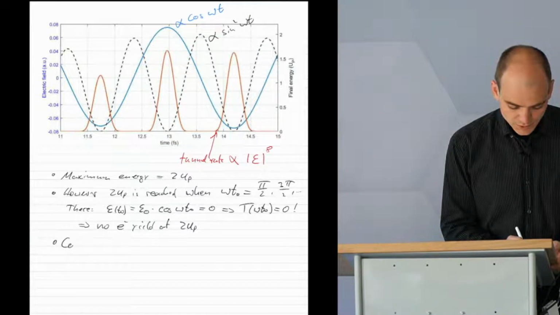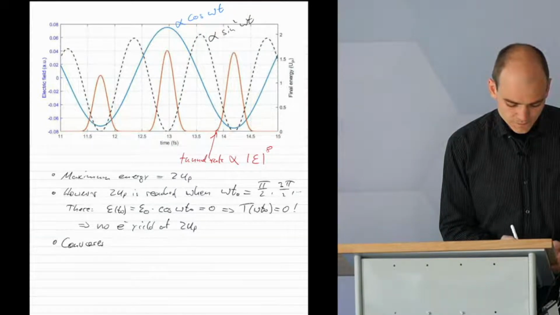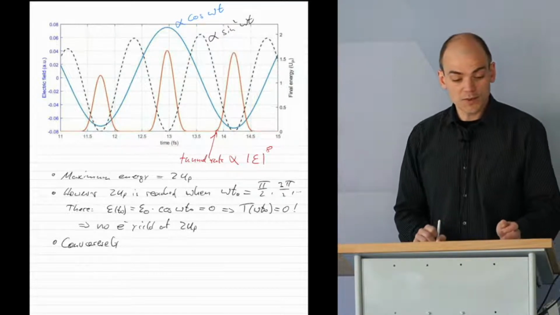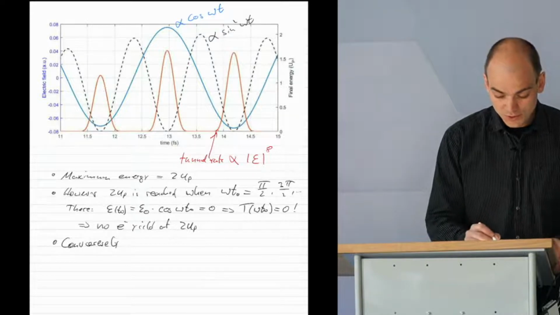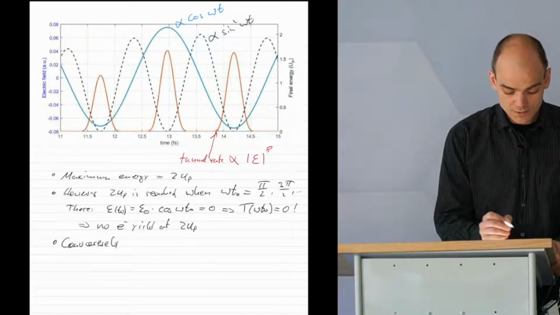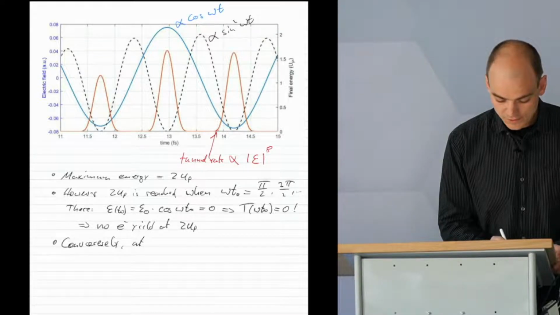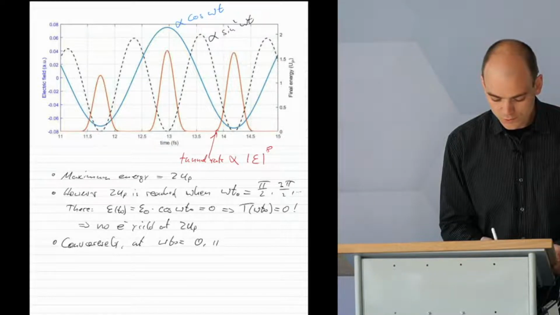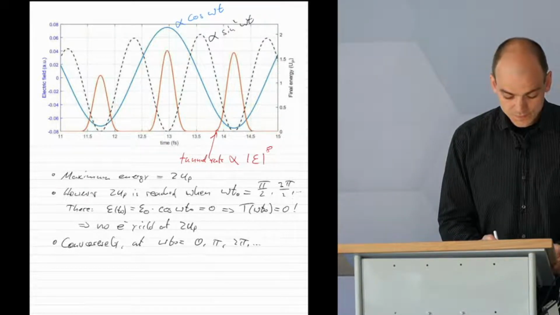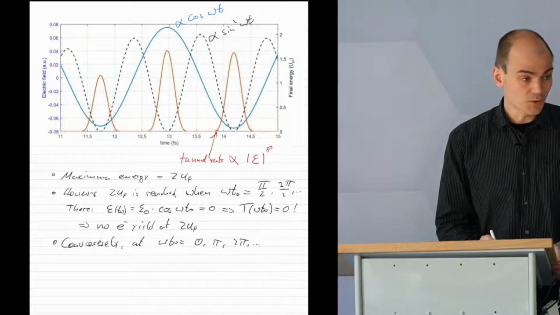And then conversely, when we're at phases corresponding to 0 or pi and so on, at omega t naught equals 0, pi, 2 pi, the electron energy is 0.